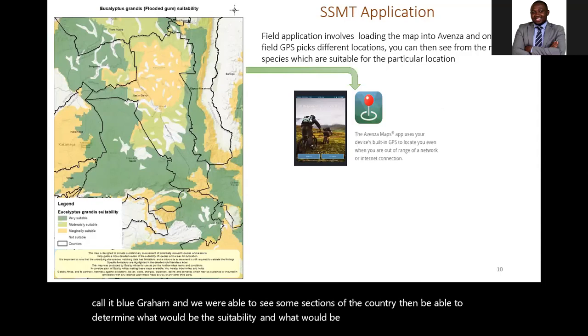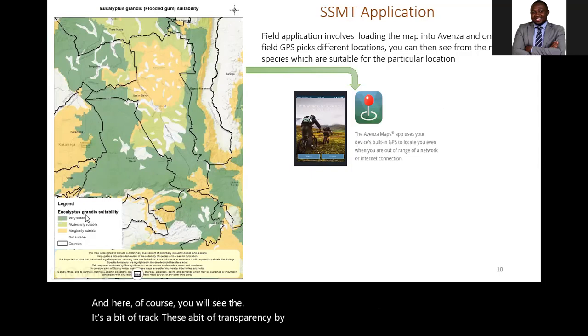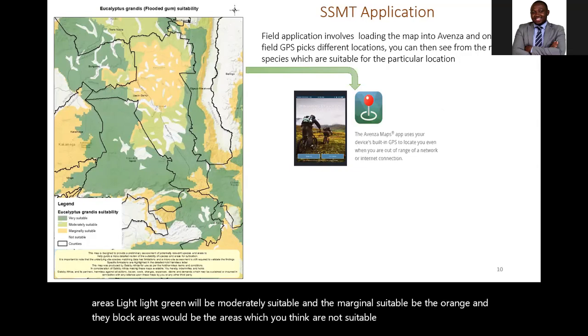And here, you will see there's a bit of transparency, but the green areas will be the very suitable areas, light green will be moderately suitable, the marginally suitable will be the orange, and the black areas would be the areas which you think are not suitable for this species.